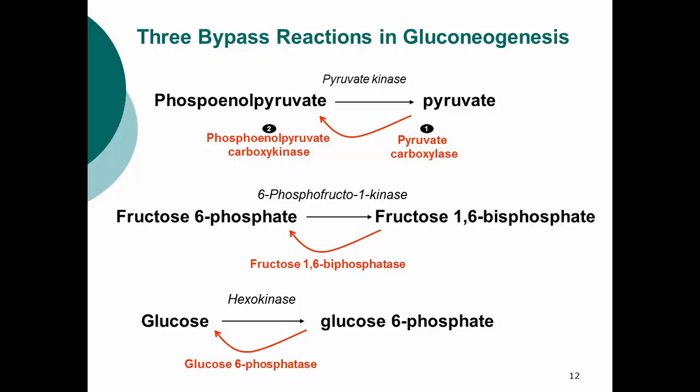The muscle lacks this enzyme, so muscle cannot convert glucose 6-phosphate to free glucose. That's why muscle is not able to release glucose from glycogen breakdown, since glucose 6-phosphate is generated not only from glycolysis but also from glycogen breakdown. So remember, these are the three key reactions in gluconeogenesis that bypass the key reactions of glycolysis.